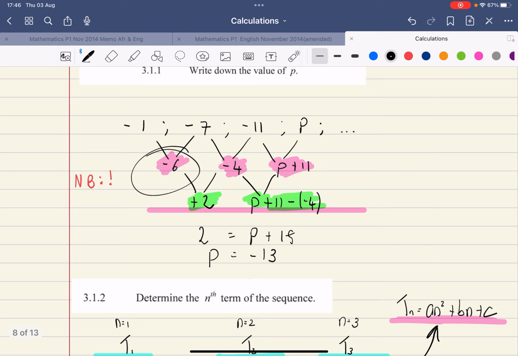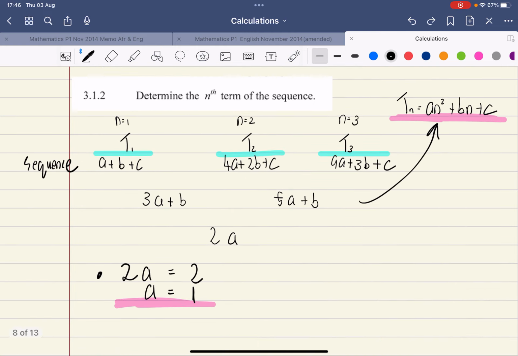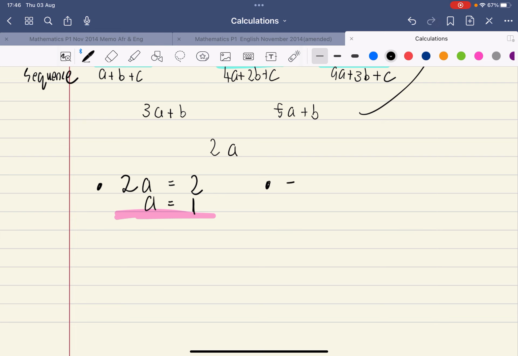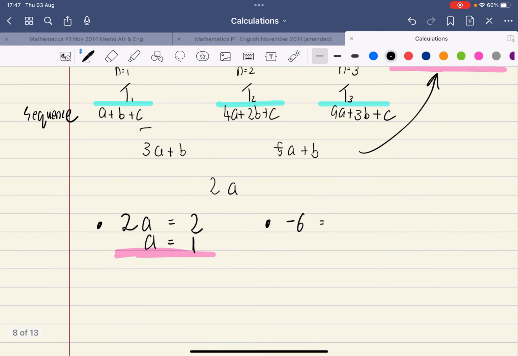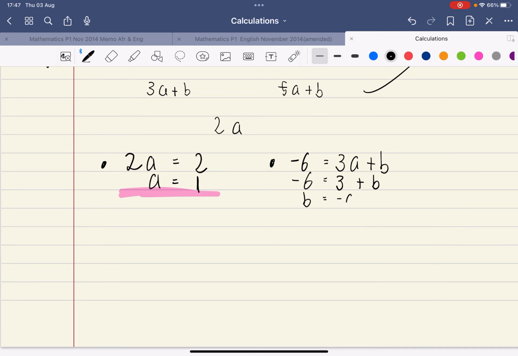In our difference tree, you could call it, the second iteration's first term was minus 6, or the first difference here was minus 6. So minus 6 must be equal to 3A plus B, but A is equal to 1. So really what we have is 3 plus B. And solving for B, we get minus 9. Great stuff. We have our next variable.